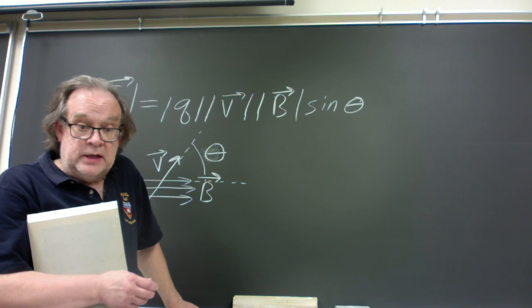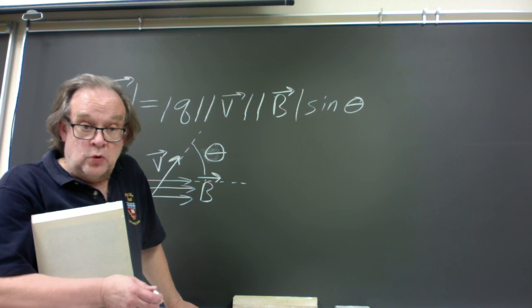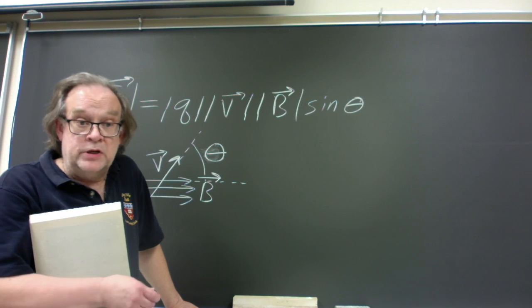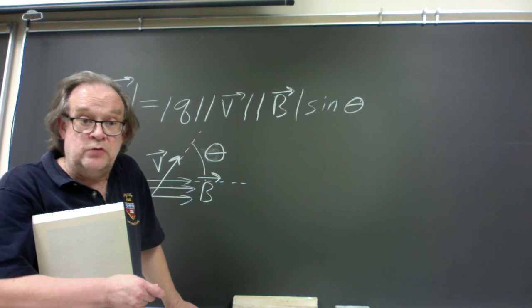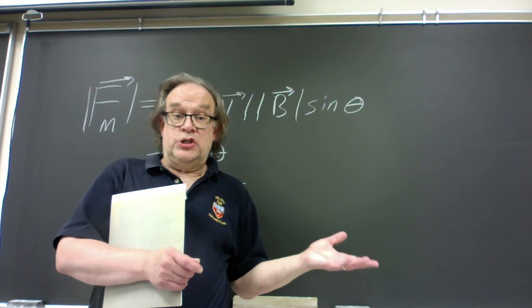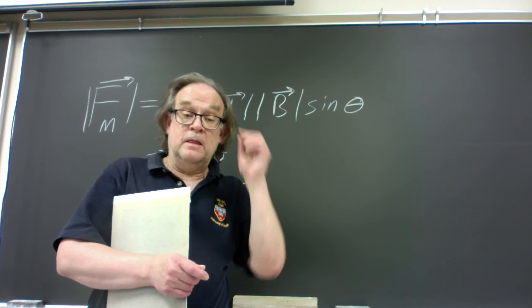Remember, in the case of the electric field, the electric force on a positively charged particle simply pointed the same way as the electric field, and the electric force on a negatively charged particle just pointed in the opposite direction. That's all there was to it.